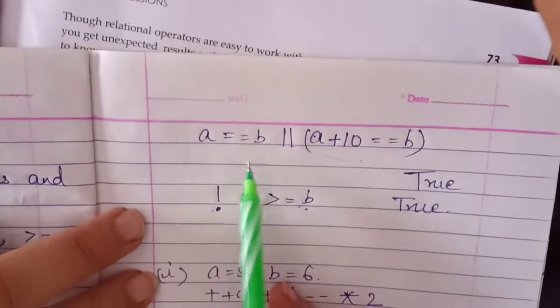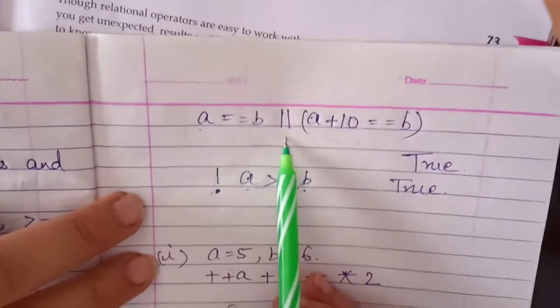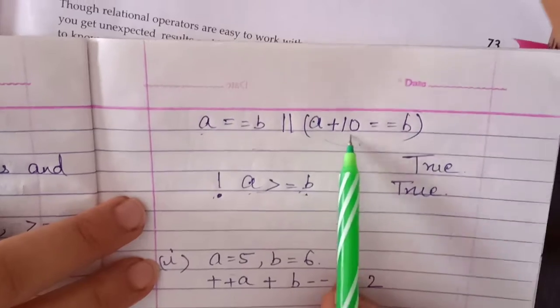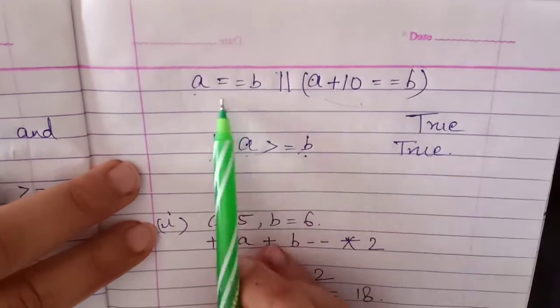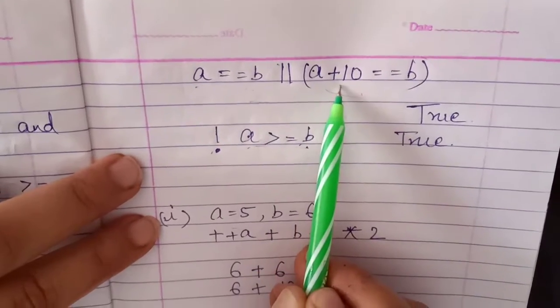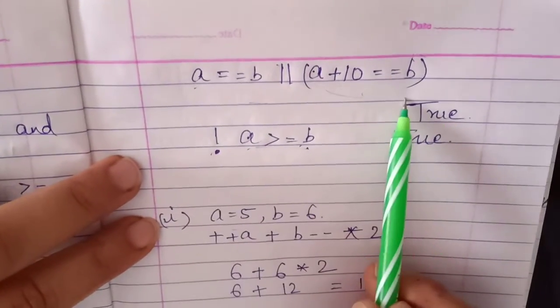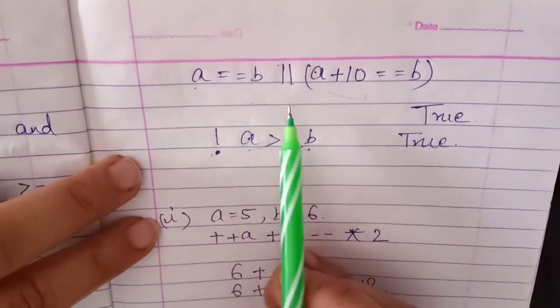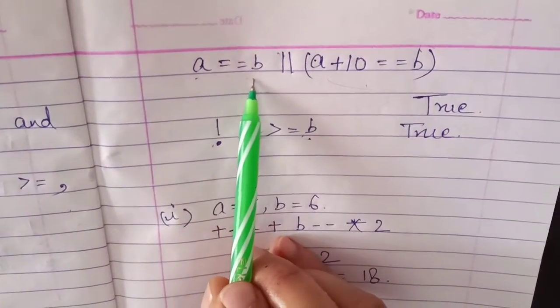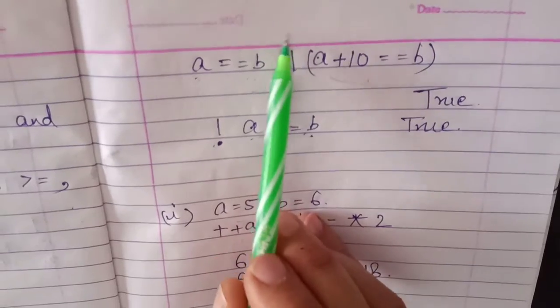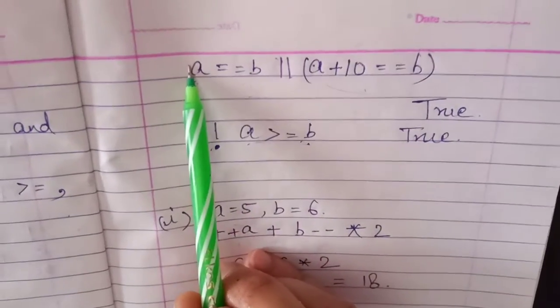Now next example, A is equal to B, or A plus 10 is equal to B. Here the or operator works so that if either condition is true, then it will return your true value. A is equal to 10 and B is equal to 20, so A is equal to B is false.